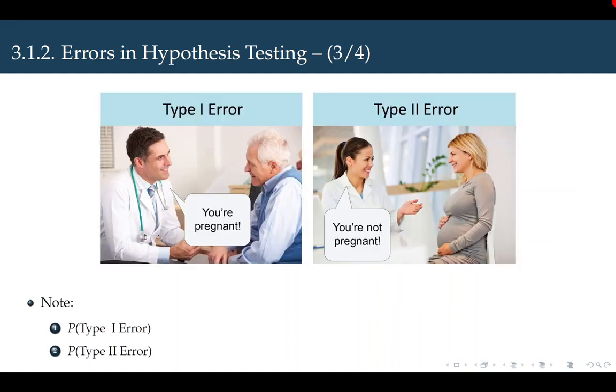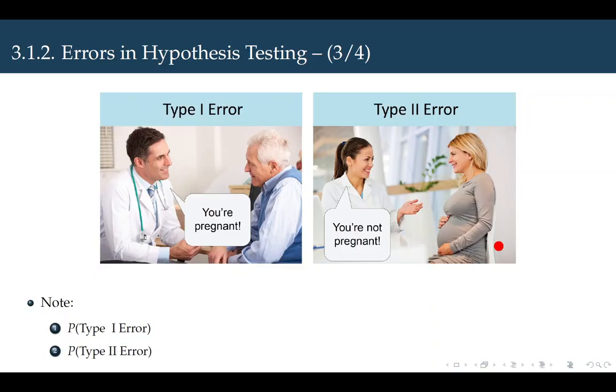So let's consider these two figures for a simple understanding of type 1 and type 2 errors. In the first figure, the person is a man, and in the second, the person is a woman. Here the interest is to check whether the individual is pregnant or not.